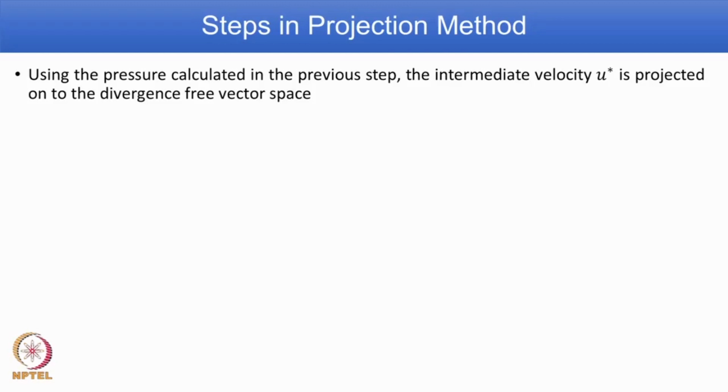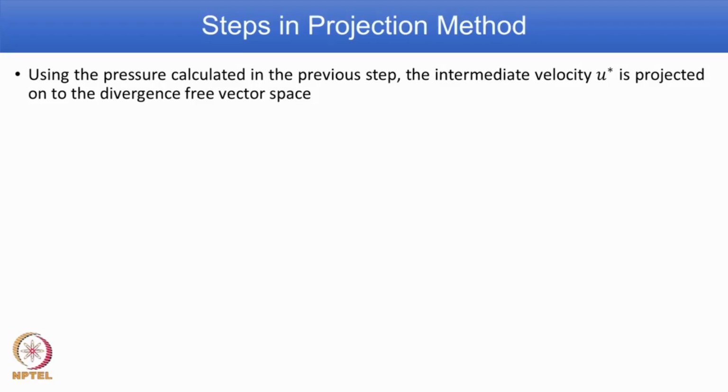Once you solve the pressure Poisson equation, you get the pressure field everywhere. It is also worth remembering that the Poisson equation or the Laplace equation are elliptic equations, and we need to have boundary conditions prescribed on all the sides.